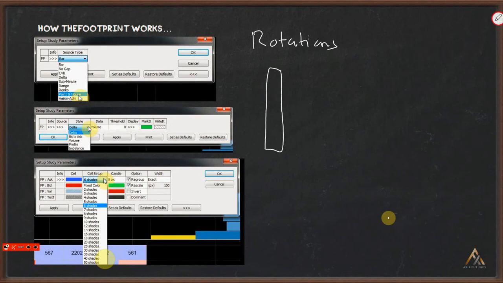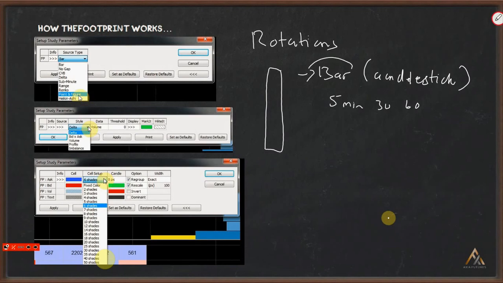Now, you can choose to set this rotation either to bar, so a typical bar time frame, and all a bar time frame is, you can think of it as nothing other than a normal traditional candlestick time frame. So with bar type rotations, you can set the time to 5 minutes, 30 minutes, 60 minutes, daily, monthly, whatever you would like. You can effectively create a time-based rotation with the setting bar, as we can see in the example on the left.